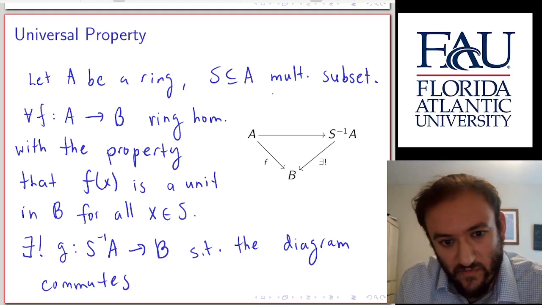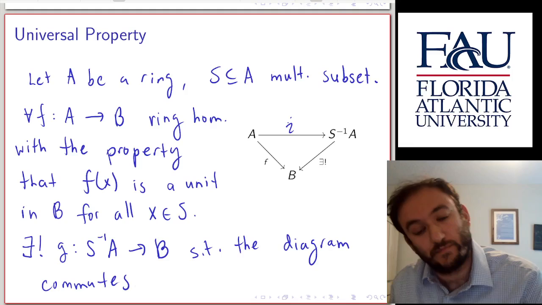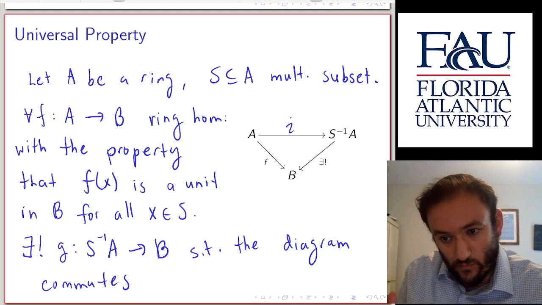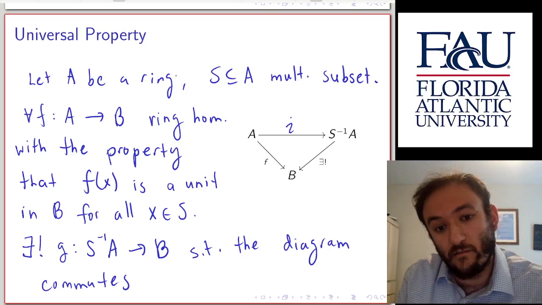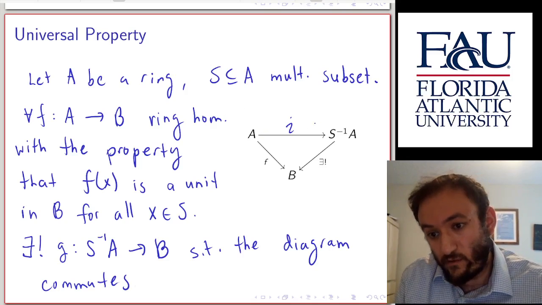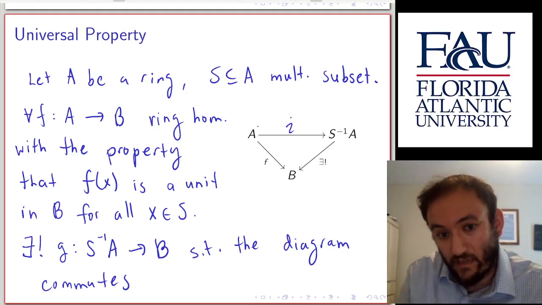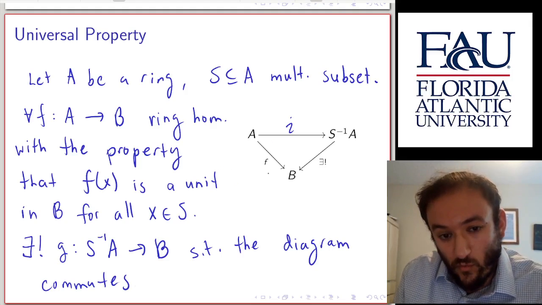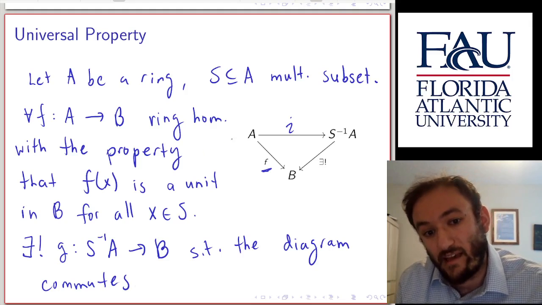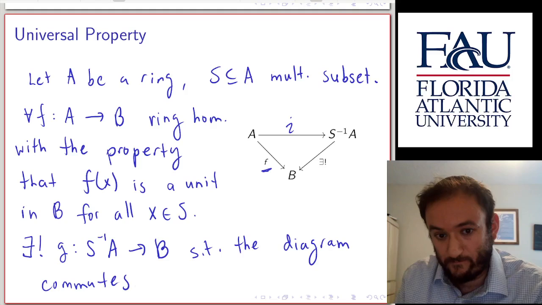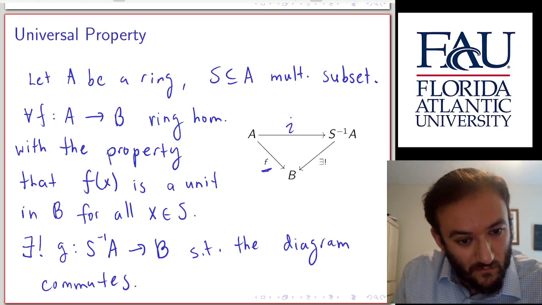I suppose I should specify that this is kind of a fixed map here, so let's call it I. So the way that we define the localization using the universal property is to say that it's a ring equipped with the homomorphism I mapping A to that ring, such that no matter what map I choose over here, if it sends all of these S guys to units, then it has to pass through here, and there's a unique way for it to pass through there. Okay? Hopefully that's clear.